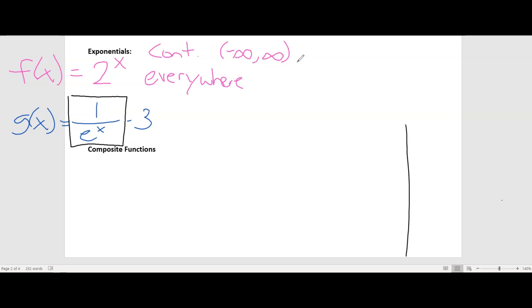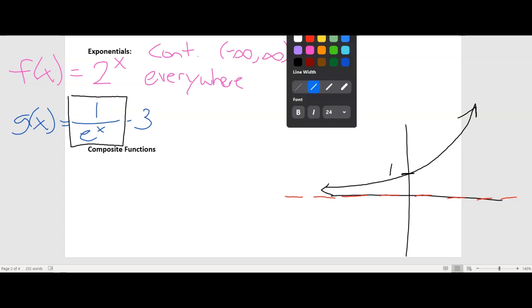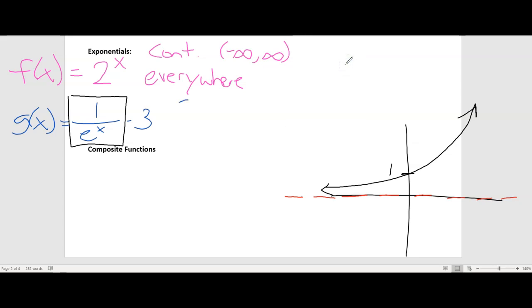If you think of what the graph of e to the x looks like, its y-intercept is 1, and it has a horizontal asymptote on the x-axis. So it approaches y equals 0, but it never actually touches it. So this function as well is continuous everywhere, or in interval notation, negative infinity to infinity.